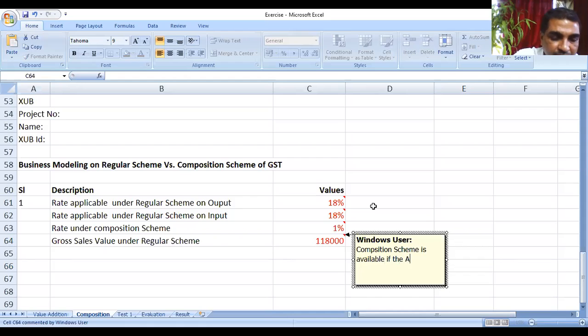if the aggregate turnover is up to rupees, up to rupees how much? 1.5 crore for traders, manufacturers, and up to rupees 50 lakh.